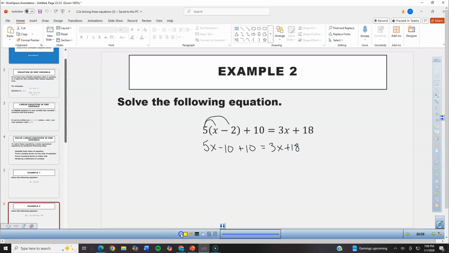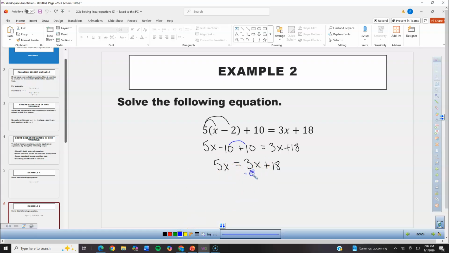Okay. Now I'm going to combine my like terms. Need to get as simple as possible. Negative 10 plus 10 is my bank account, 0. Right side I'm doing nothing to. It's already simplified. Alright, now I got to get all my x's onto one side.